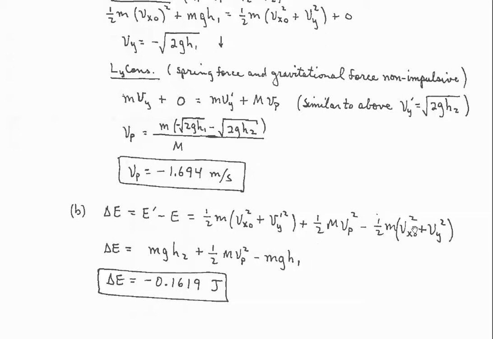And then this term right here, the x naught term goes away with that one. And so we have a Vy, which is the square root of 2gh1, and then times 2m comes just minus mgh1. And so when you plug all your numbers in, you get a negative 0.1619 joules. The negative sign shows that the change is negative, which means that's the energy loss.